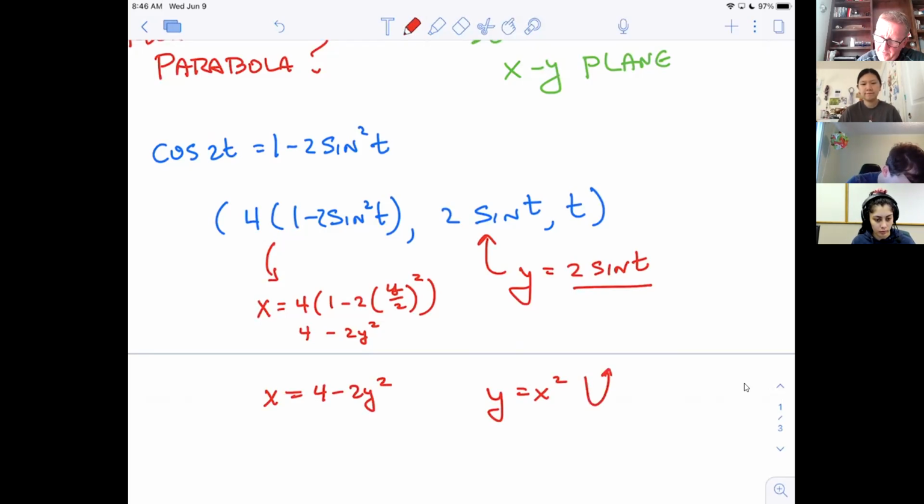This one opens up and down, up if it's positive, down if it's negative. This one opens left and right. And so the y is squared, and because it's negative, this one's going to open to the left. So it's like, oh, I get why that was a parabola now. That's kind of interesting, isn't it? X equals 4 minus 2y squared. That's kind of interesting.